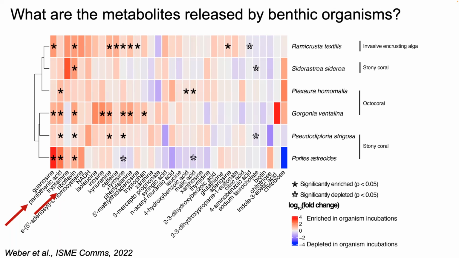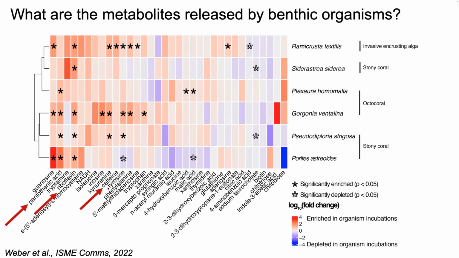Another interesting one that came out of this study, and this was a total surprise, was caffeine was being produced by some of these organisms and significantly produced by the Ramicrusta textilis, the invasive encrusting algae. So many of you might even be having caffeine right now, so most people are pretty familiar with this chemical.